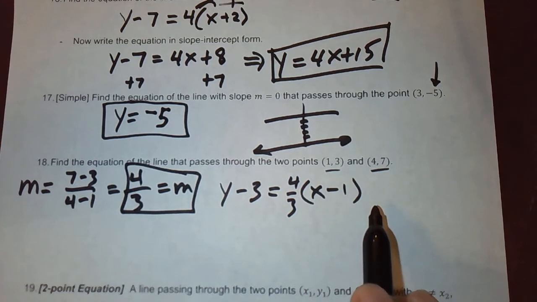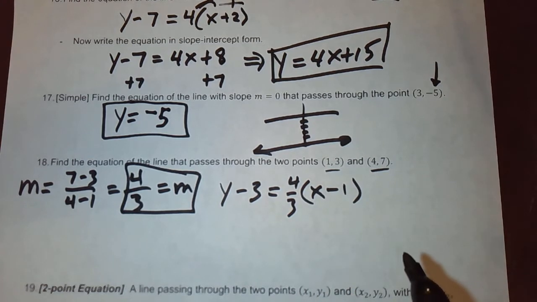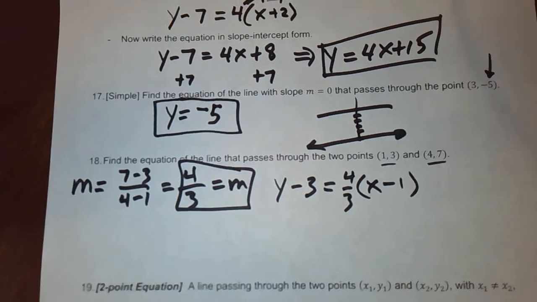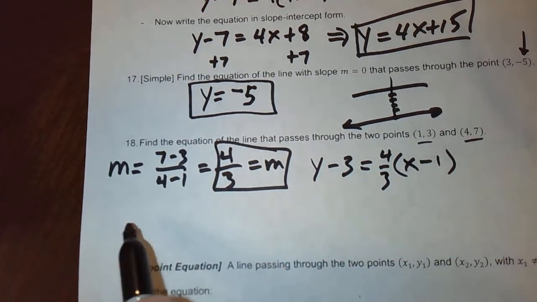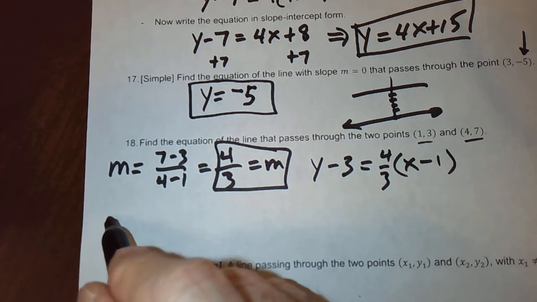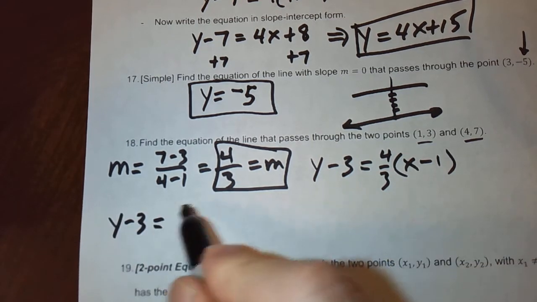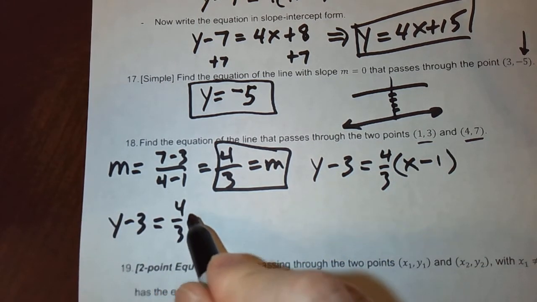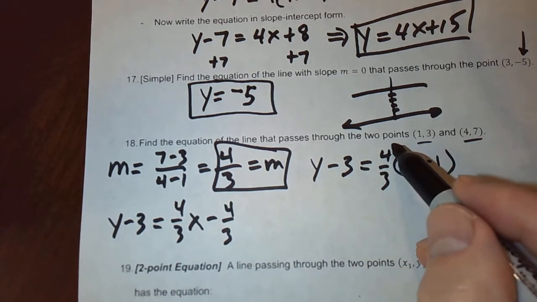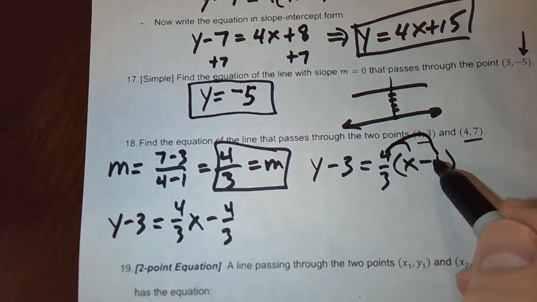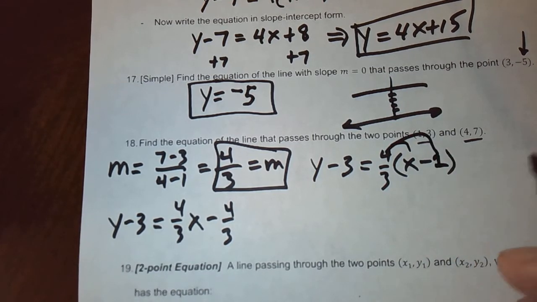That's the equation of the line, but I'm going to go ahead and write it in slope-intercept form. So I'm going to write it way over here. y minus 3 equals 4/3 x minus 4/3. I just distributed 4/3 times x, 4/3 times minus 1.